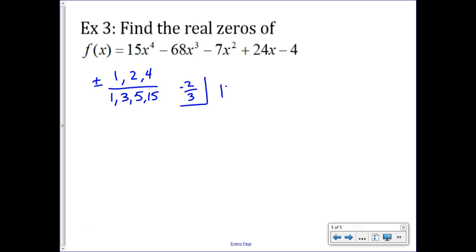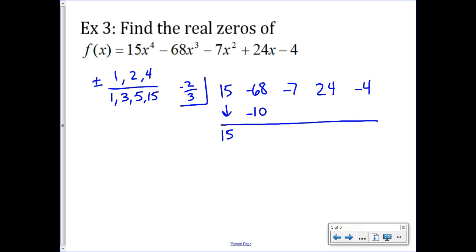So if I put a 15 here, negative 68 here, a negative 7, and then 24, and negative 4, I'm going to bring down the 15. So 15 times negative 2/3 is going to be negative 10. So I have negative 78.